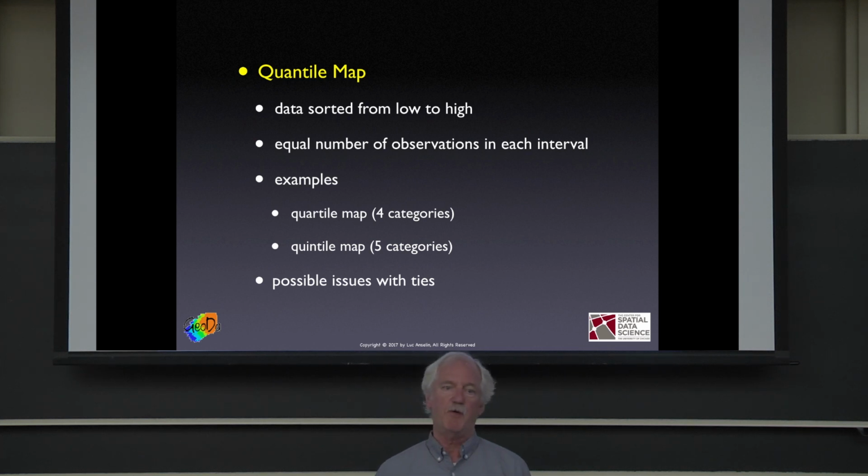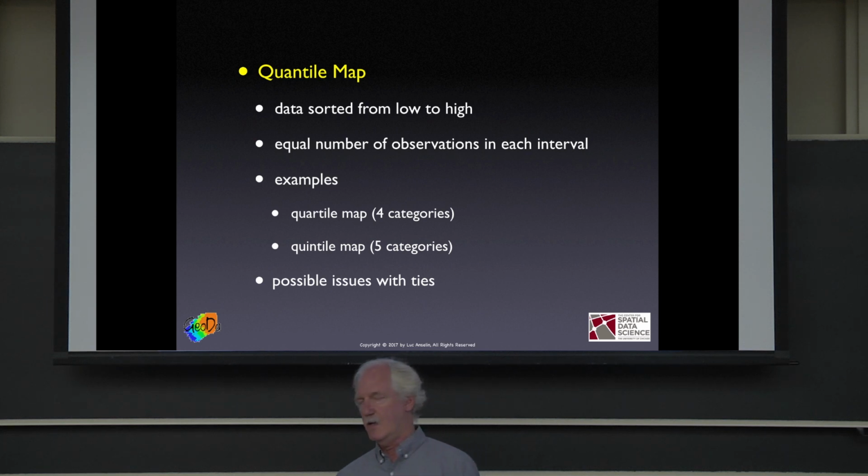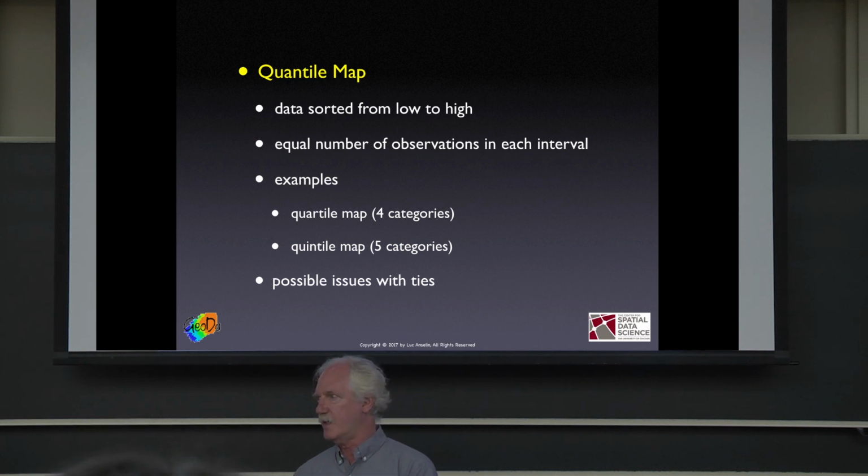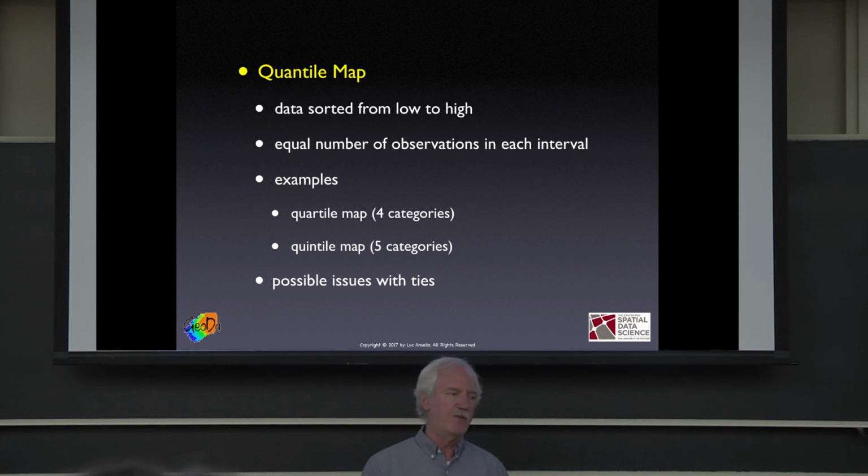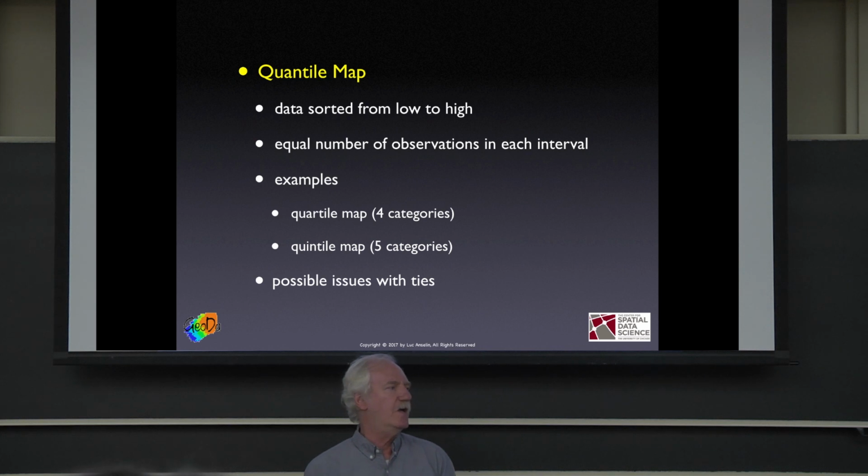There's a big practical issue I illustrate, and it is the problem with ties. This is one of those instances where spatial thinking is very different from standard statistical thinking. In standard statistical thinking, a tie in a quartile distribution isn't really a big deal.